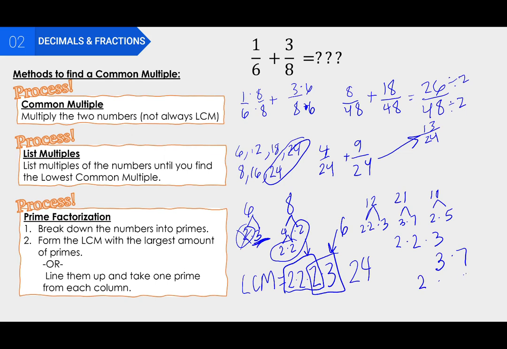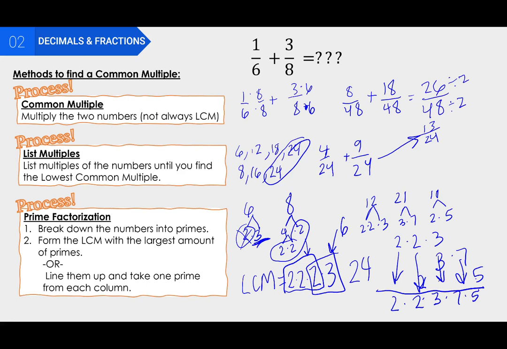If we line them up, so here's 12, 21 doesn't have any 2s, so we'll skip those. And 10 has 1, 2, and a 5. And I don't have a 3 or a 7, so here's my 5. So I'm going to line them up, and I'm going to take one of the primes from each column. 2, 1, 2 there, 1, 3, and 1, 7, and 1, 5.